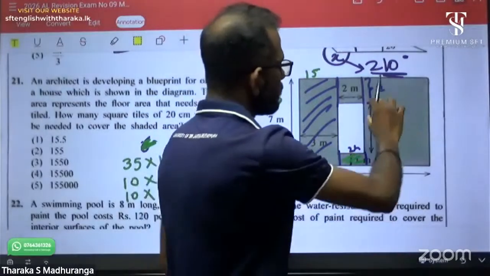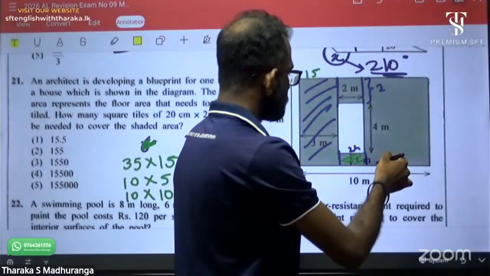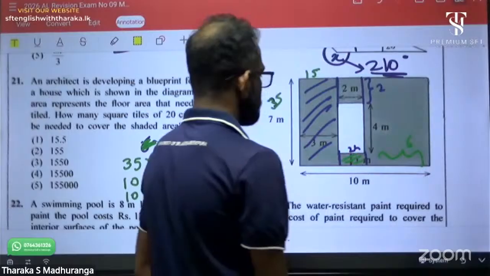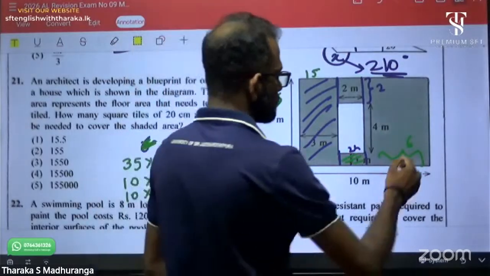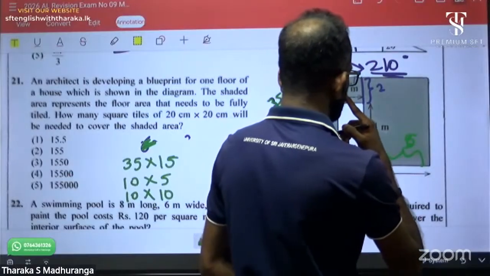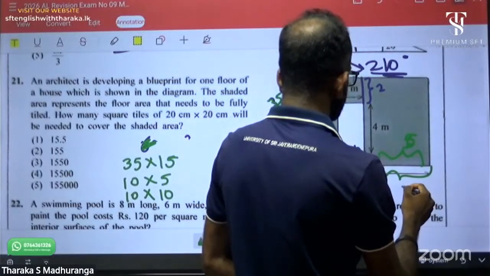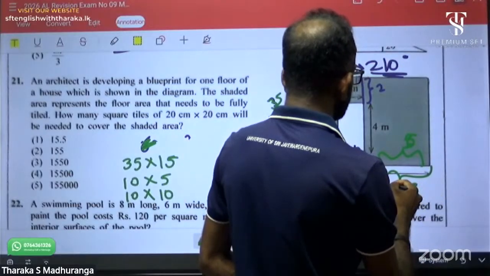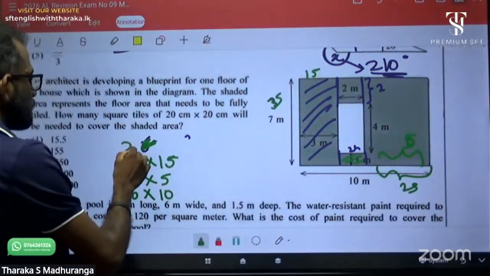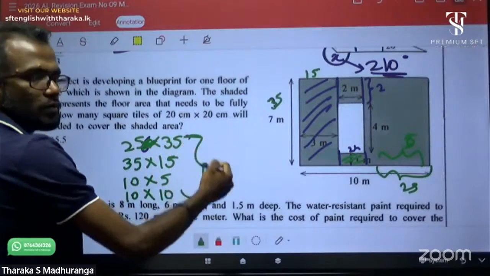Not only that, for this large part, it is 7 and this part 6. No, 5. Yeah, 5. Then for this part, 25 is required on this side and 35 on this side, 25 into 35. You can get the answer.